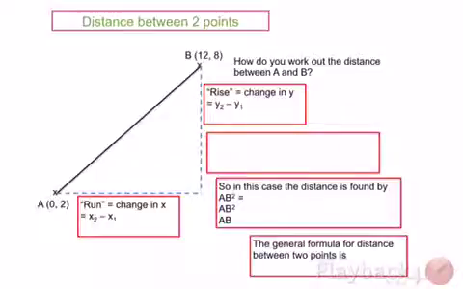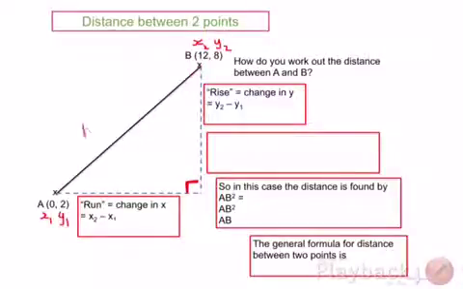Distance between 2 points, again, my first step is to label my points, so x1, y1, and x2, y2. Okay, when we're actually using this formula, we can see straight away that there's a right angle triangle if I'm studying the rise and run between the 2 points. So this actually makes a right angle, and that's why we use Pythagoras' theorem.